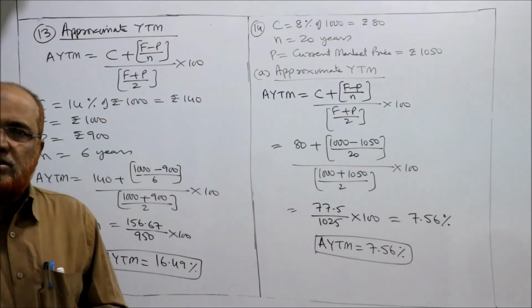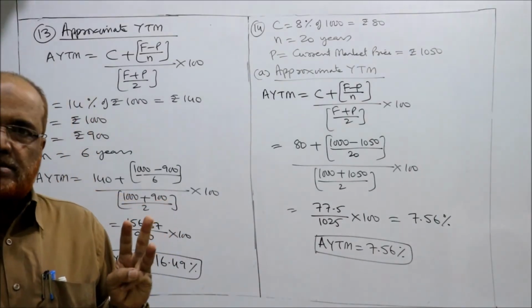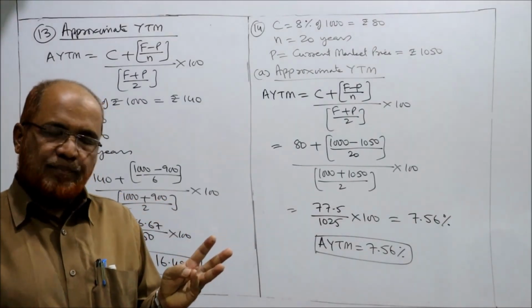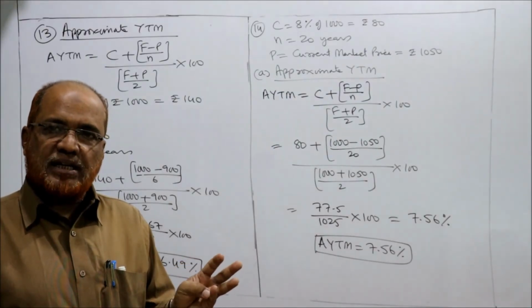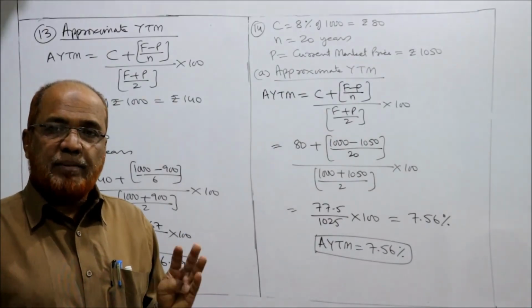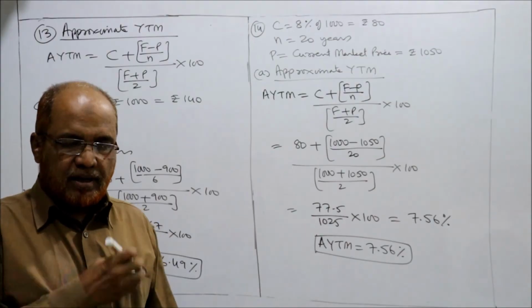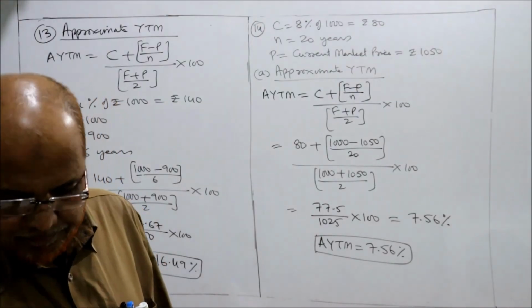One answer we got. It is asking you to calculate three returns. The three returns are YTM, current yield and nominal yield. Now, of these three yields, we have found one yield, YTM.